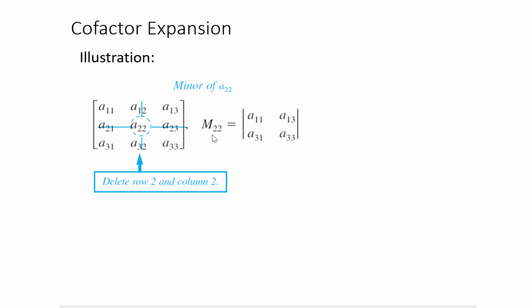Therefore, M sub 22 is equal to the determinant of this. Also, its corresponding cofactor is this. Since we have an exponent 2 plus 2, which is 4, this becomes positive. So C sub 22 is just equal to M sub 22.